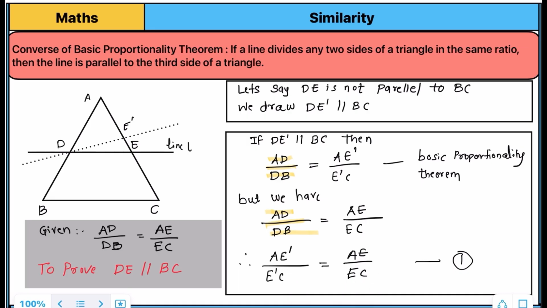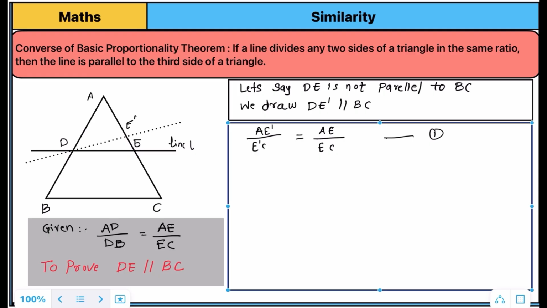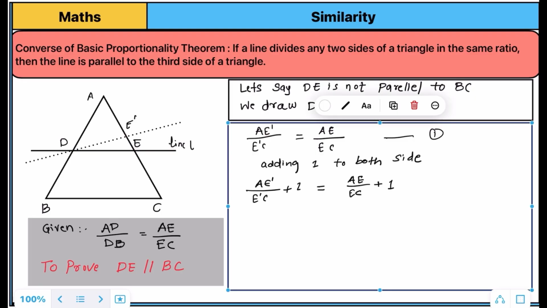Let's call this 1. Let's write down the derived equation here and add 1 to both sides, I mean number 1, adding to both LHS and RHS. We get AE dash upon E dash C plus 1 is equal to AE upon EC plus 1.